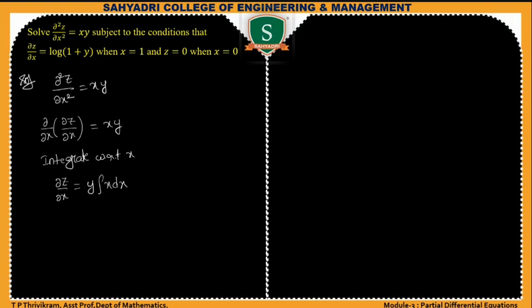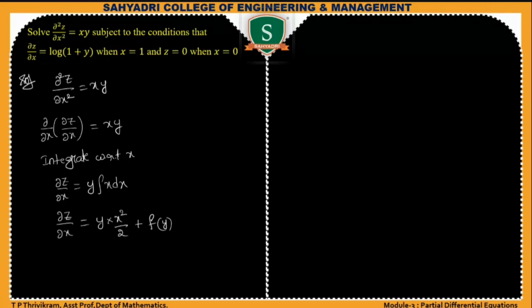So dou z by dou x is equal to how much? Y into x square by 2 plus the integrating constant as f of y, because integrated with respect to x, the other variable acts as an arbitrary function.